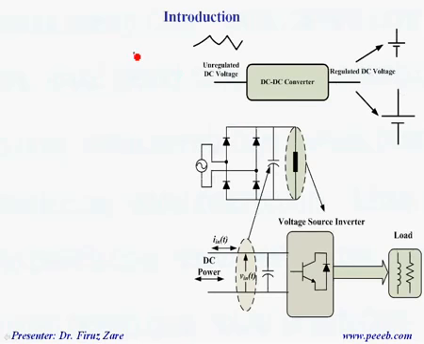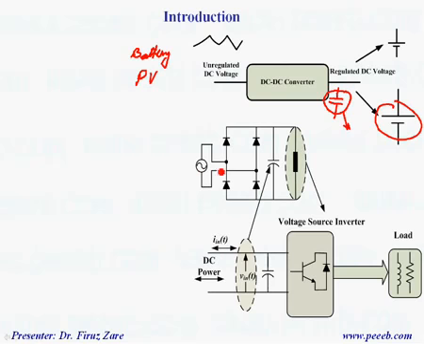So when we have a battery or when we have a PV, because the voltage is not high enough, we may have a boost converter to be able to increase the voltage, and basically we have a capacitor at the output of the boost converter. So in this case the power supply is defined as a capacitor in most inverters.